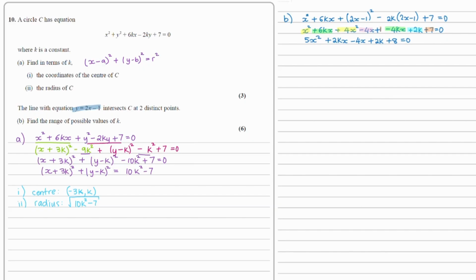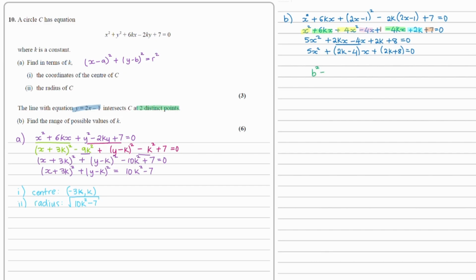So if we write this by grouping all the terms properly, we can write this as 5x squared, and the x terms can be written as bracket 2k minus 4 x, and the number terms are 2k plus 8. Because the question is saying that the line intersects C at two distinct points, this means that the discriminant of this equation would have to be greater than 0.